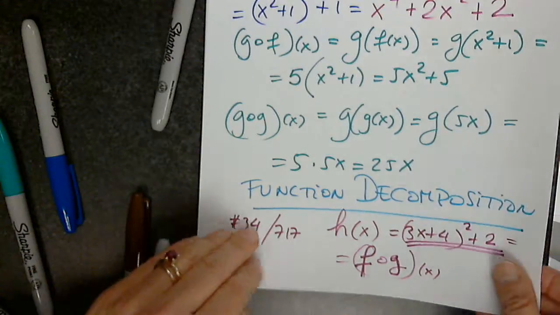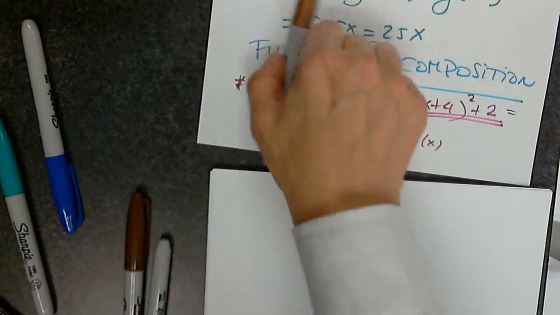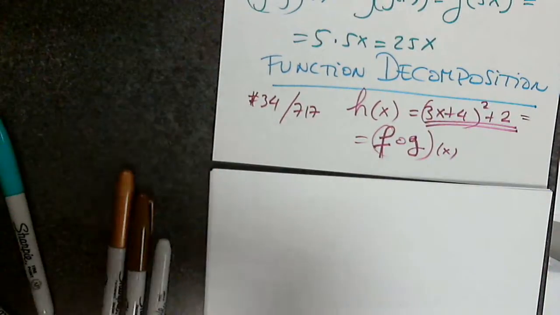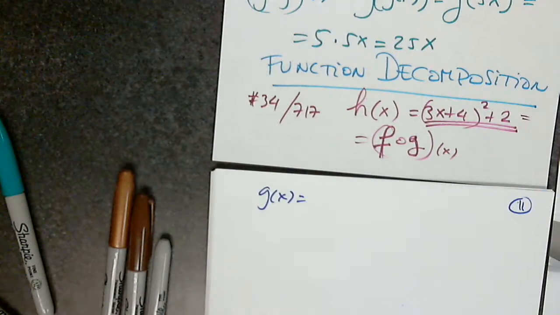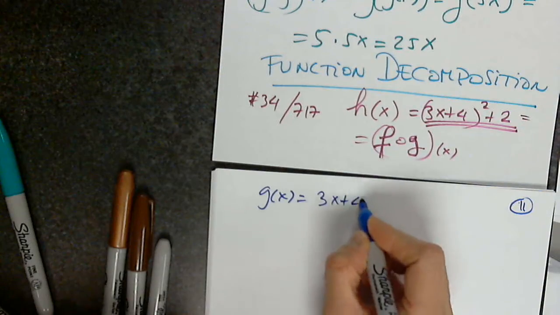Two different functions. So please create an inner function, g of x. Of course, everything goes in order of operations, and you can stop anywhere you want. What could be the inner? Good.